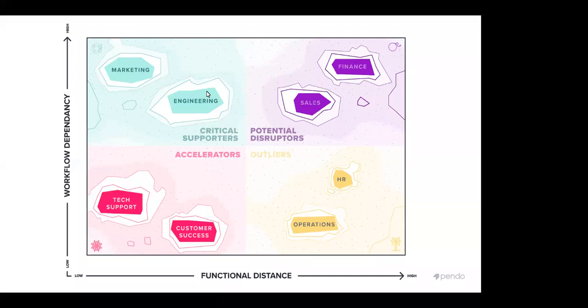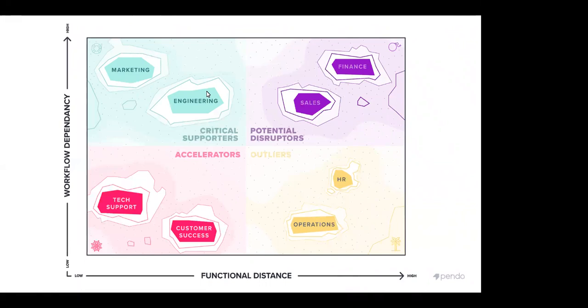We took data from our own experience and from others to piece these together and put the most common departments or sub-organizations into these categories, but it may differ depending on where you are in your organization. So we have marketing and engineering as critical supporters. Those are teams that product managers work with probably every single day in order to achieve their goals. We have tech support and customer success as accelerators.